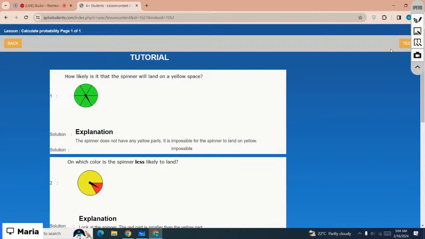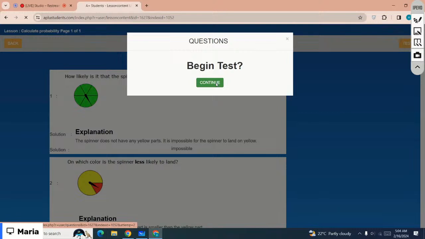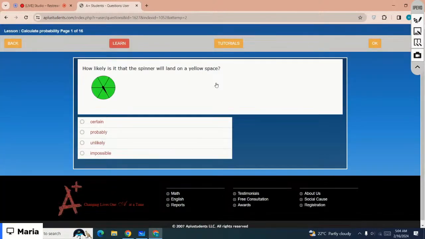Let's start with the test questions. How likely is it that the spinner will land on the yellow space? Which is the correct option? Certain, probably, unlikely, and impossible.